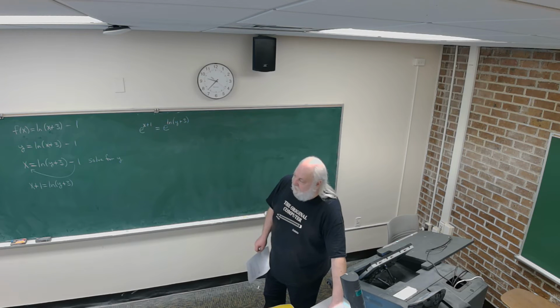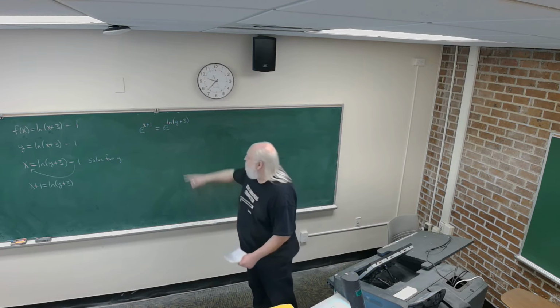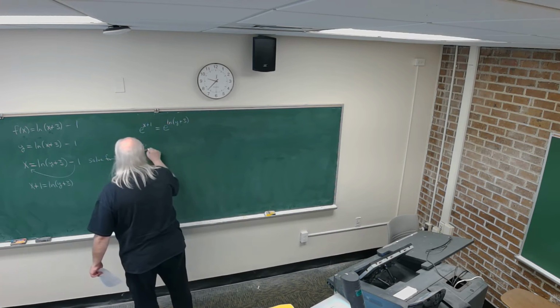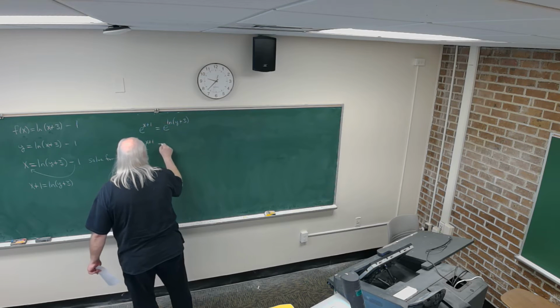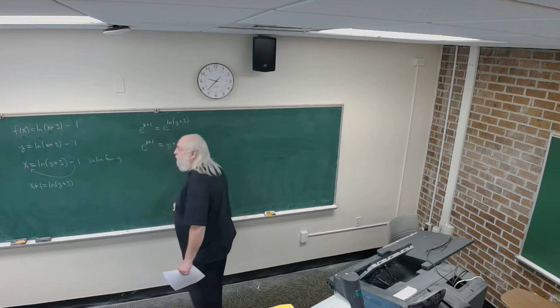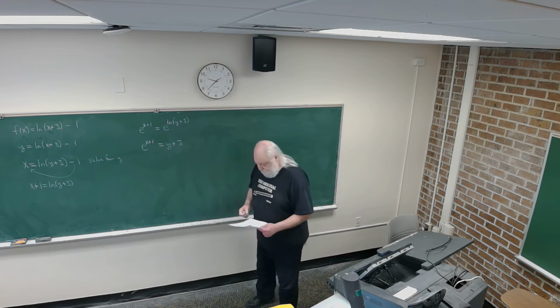So they cancel each other, undo each other, and we're just left with the argument going into the natural log function. So the right hand side is just equal to y plus 3.